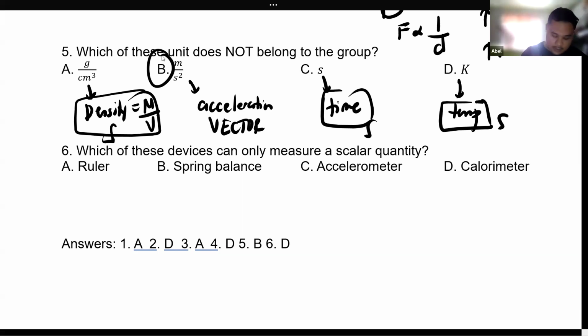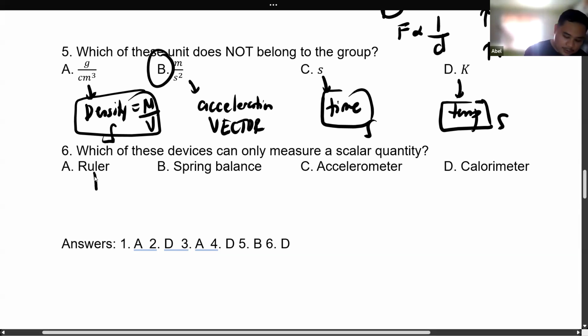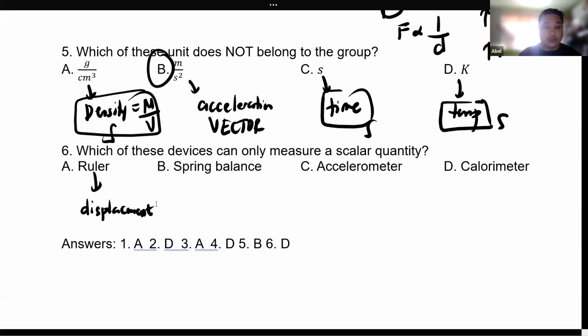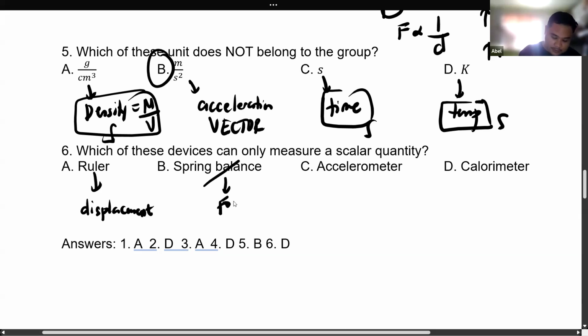And number 6, which of these devices can only measure a scalar quantity? Ruler can also measure displacement. So you could have east, north, so there's a possibility that this one can measure not just scalar, but rather a vector quantity. How about spring balance? Spring balance is a measurement for force.